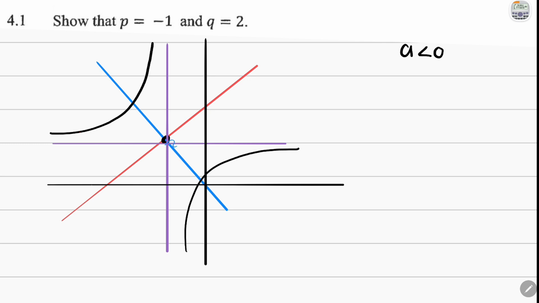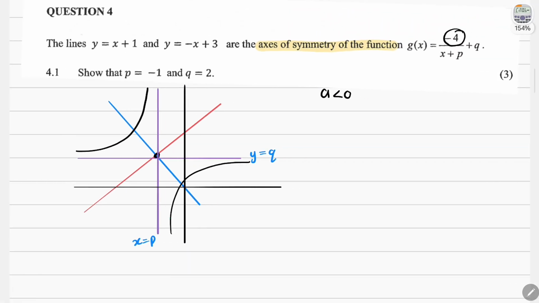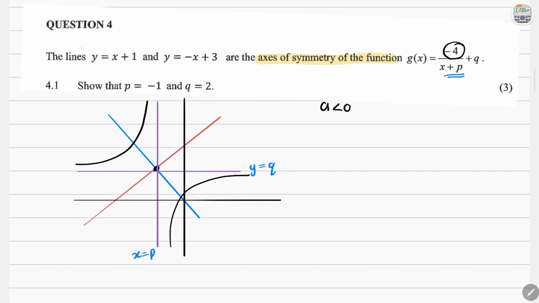So the x value of that point of intersection is the x value that belongs to your vertical asymptote, that x equals p. And the y value of that point of intersection is the y value that belongs to the horizontal asymptote, that y equals q. Now, please note that they have said x plus p, so just keep that in mind.